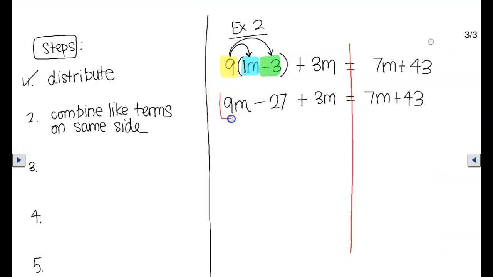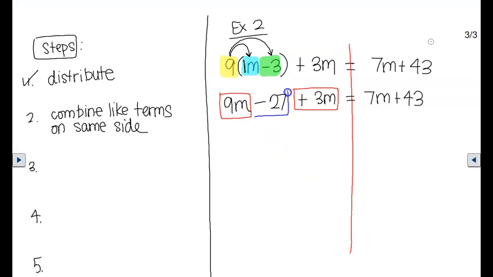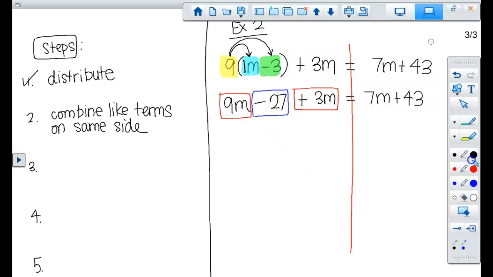I'm going to always start with my first term, 9m. The variable part of that term is m. This term has the same variable part. It also has m. So I'm going to put a red box as well around plus 3m. So I'm identifying 9m and plus 3m as being like terms. The only other term up here is this minus 27, this negative 27. So I'm going to put a blue box around him, but nobody else on this side is like him.